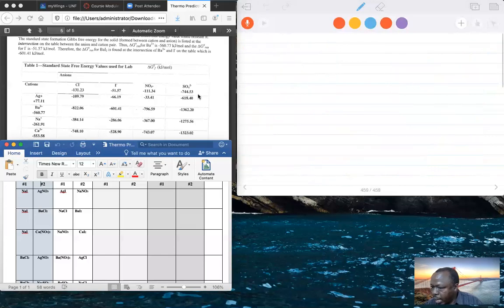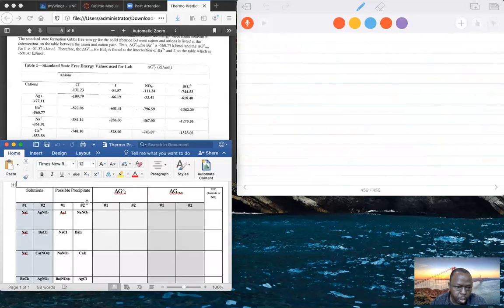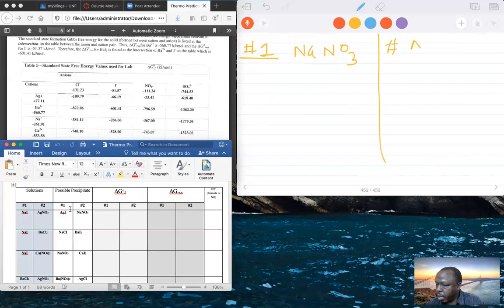So let's say possible precipitate number 1 is sodium nitrate, and number 2 is silver iodide.